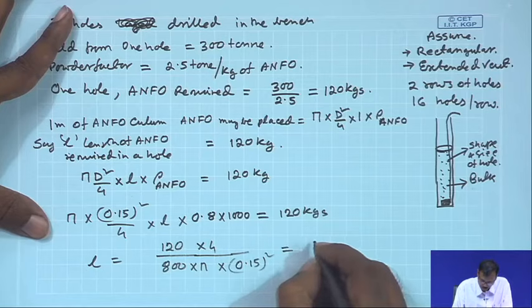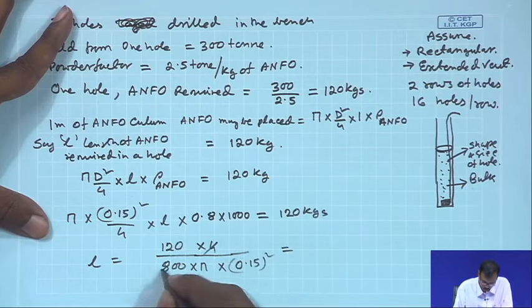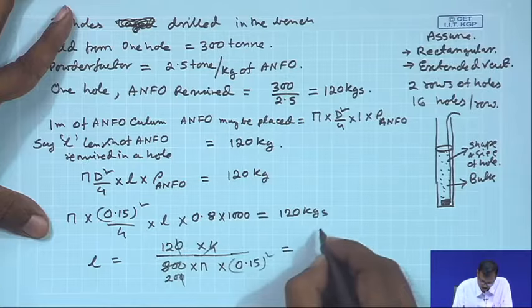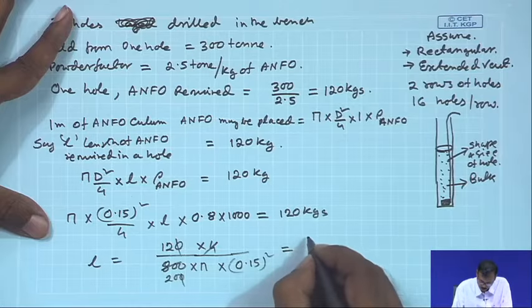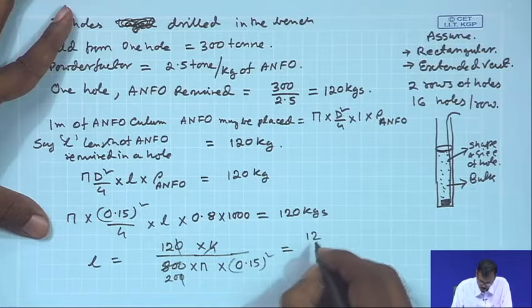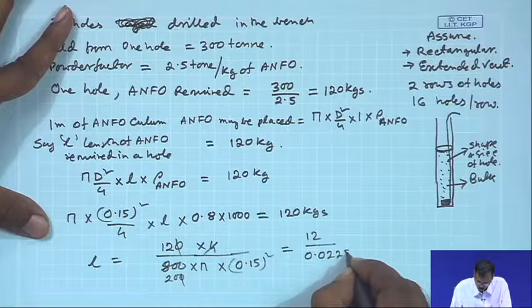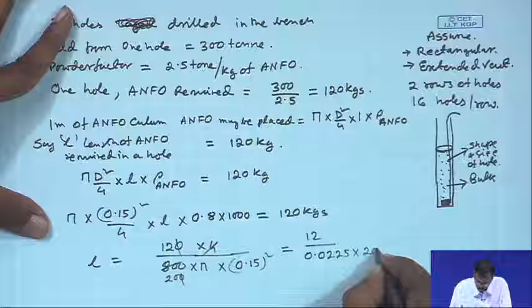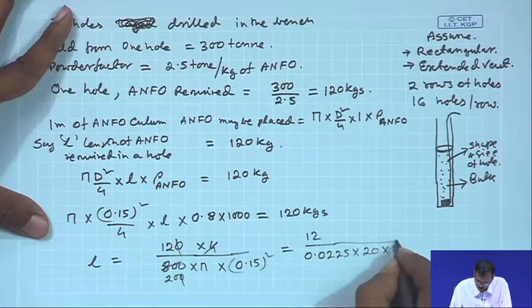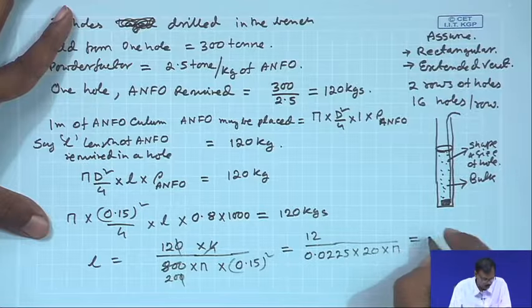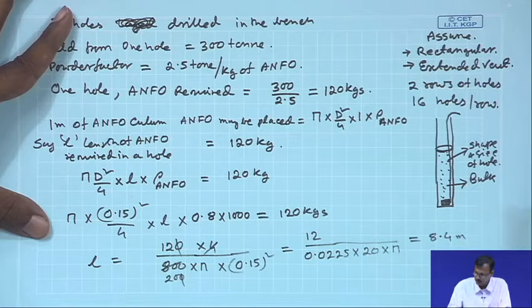So, this may be equal to 12 divided by 0.0225 into 20 into pi, and solving this you will get the value of L is equal to 8.4 meter.